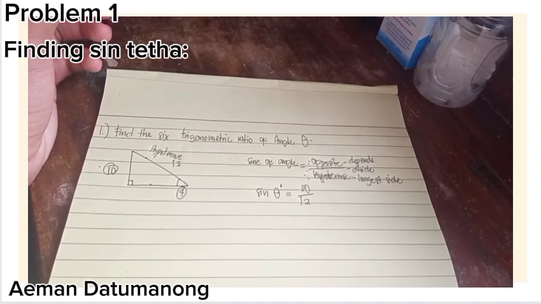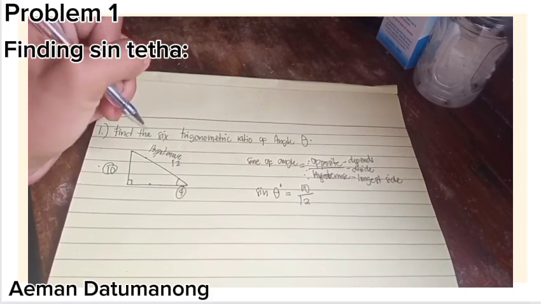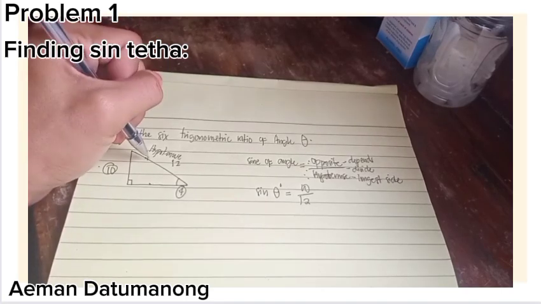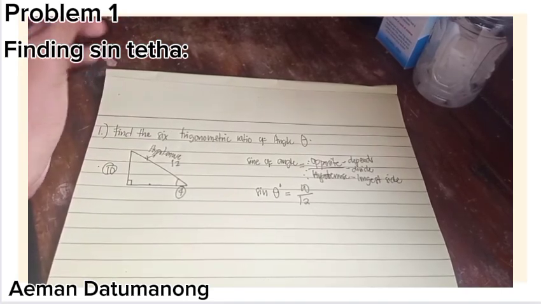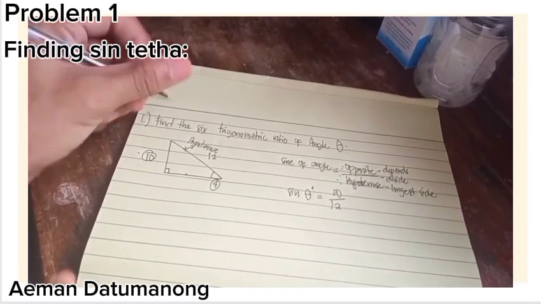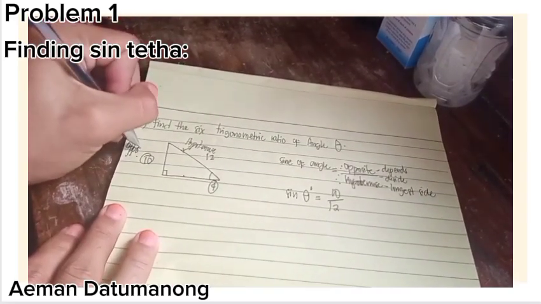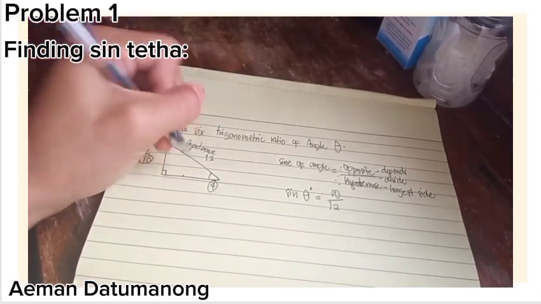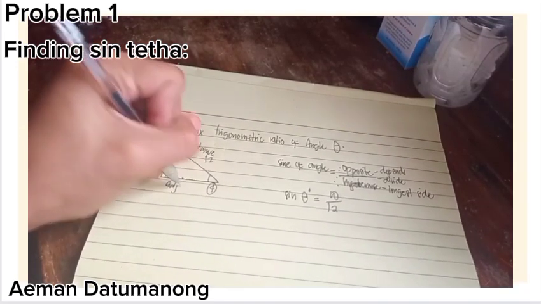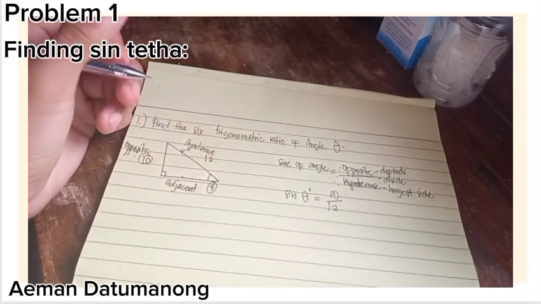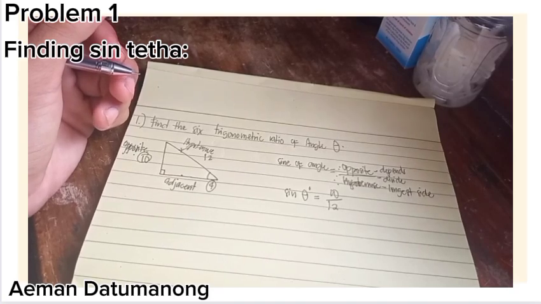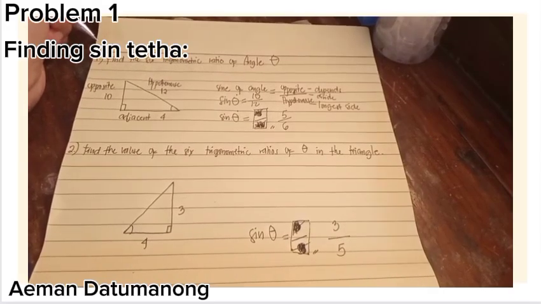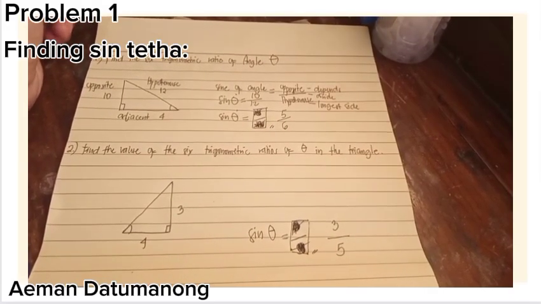If you notice, the longest side is the hypotenuse. This is the hypotenuse. This one on the side is the opposite side. And this one at the bottom is the adjacent. And in number 1, always get the lowest term.